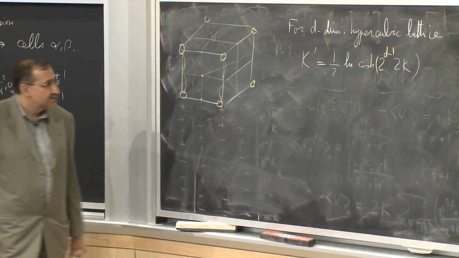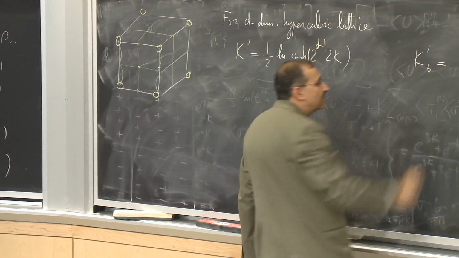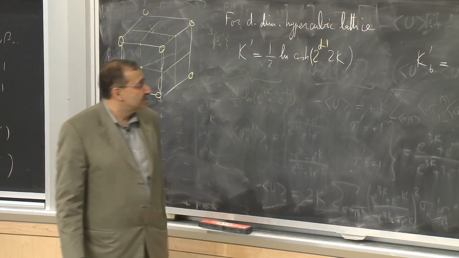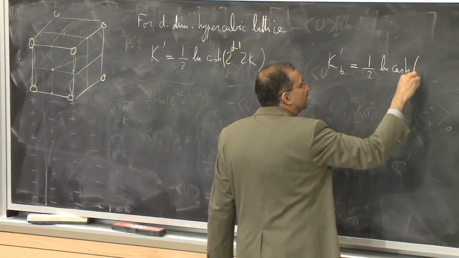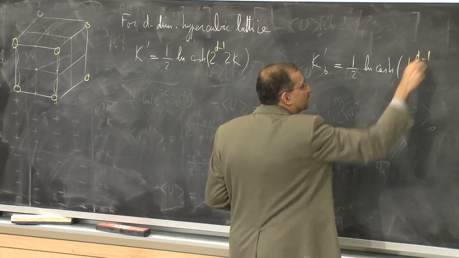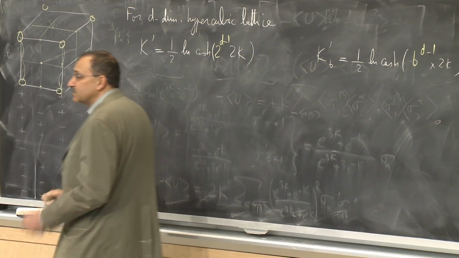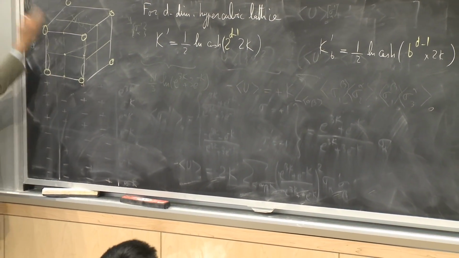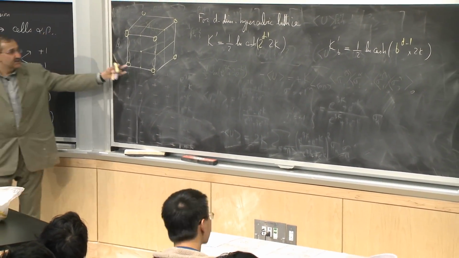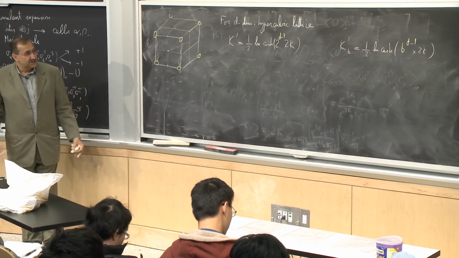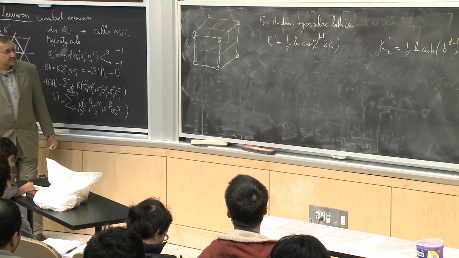Actually, I could even do that for rescaling, rather than by a factor of 2, by a factor of b, and hopefully you can convince yourself that it will become b to the d minus 1 times 2p. And essentially that factor is a cross-section that you have to remove. So the cross-sectional area that you encounter grows as the size to the power of d minus 1.